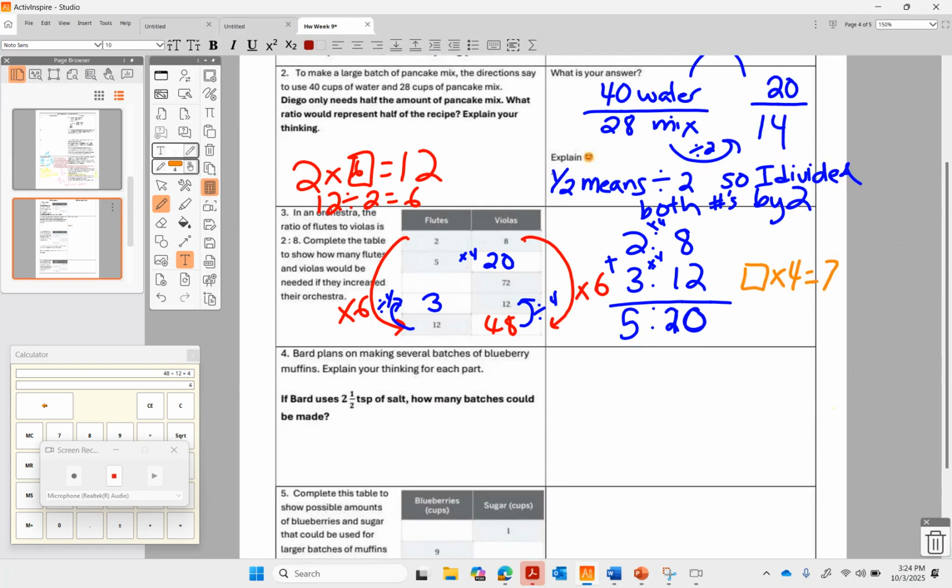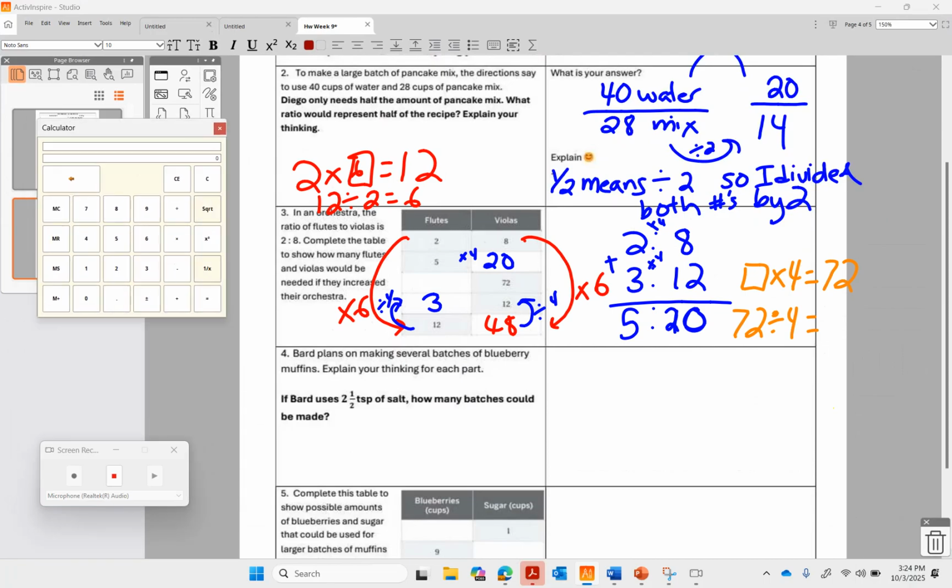I can work that backwards. 72 divided by 4 is 18. So this would be 18. So when we have a table like that, we're just figuring out patterns. There's lots of different ways you could do it, but that's one way.